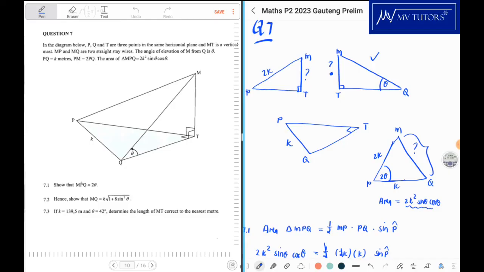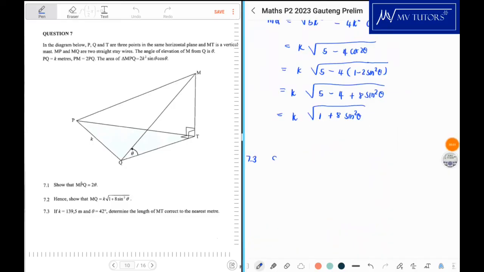sine theta in triangle MTQ. All right, so now we can say sine theta is equal to MT over MQ. Okay, and since we're looking for MT, we can then say MT is sine theta multiplied by MQ.